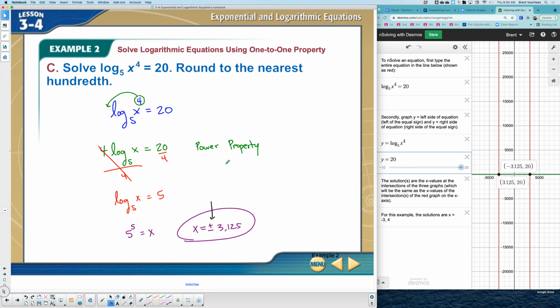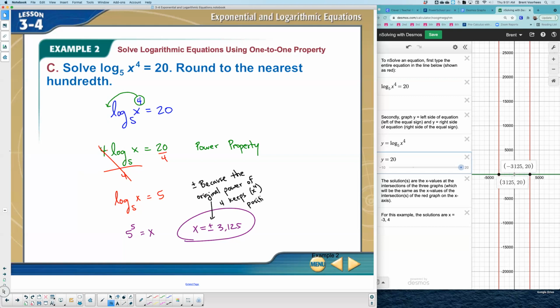So it's kind of a weird problem. So it's plus or minus because the original power of 4 keeps x to the 4th positive.